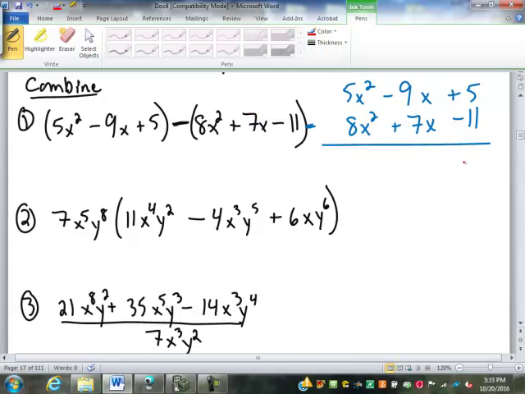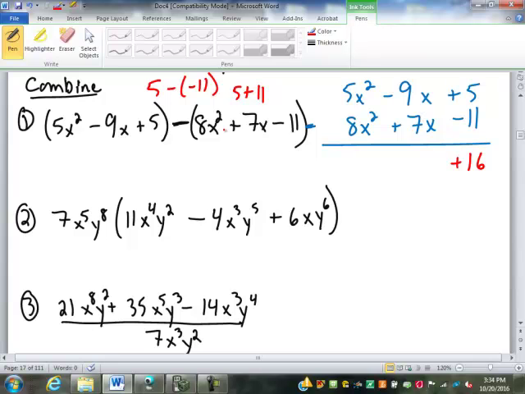So 5 minus a negative 11. Positive 16. 5 minus a negative 11 becomes 5 plus a positive 11. So careful with the negatives. Next one is negative 9x minus 7x.